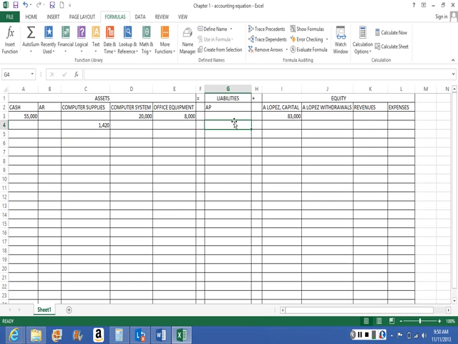We have assets on this side of the equal sign and liabilities and equity on this side. And at all times we want to make sure that the accounting equation is always in balance. So if we add the 1,420 to assets, we also are increasing our liabilities because before this purchase we didn't owe any money. Now we owe $1,420 for the supplies that were purchased.